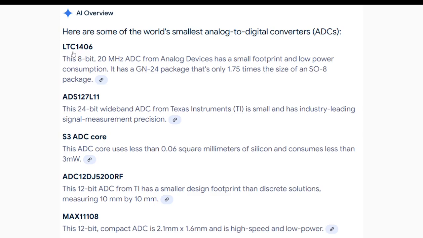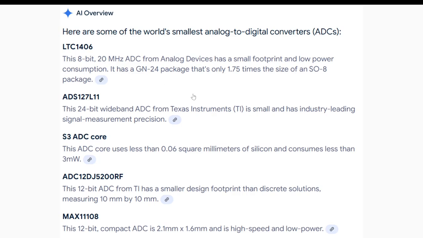This LTC, Linear Technology, is an 8-bit 20 megahertz ADC from Analog Devices, and the footprint is only about 1.75 times the size of an SO8. SO8 is a tiny package, giving you a resolution of 8 bits and a conversion at 20 megahertz. That is enormous.